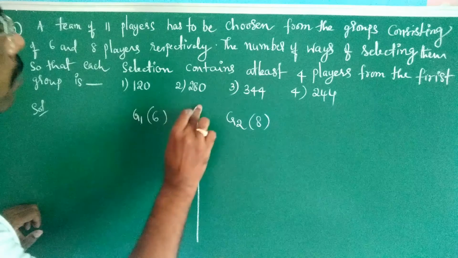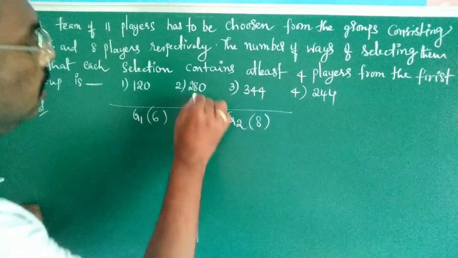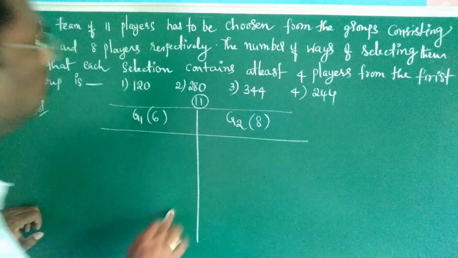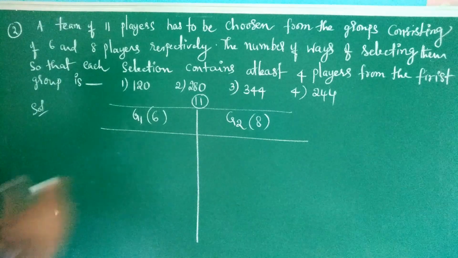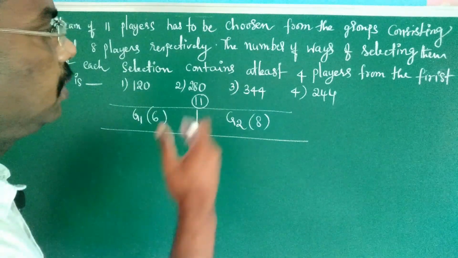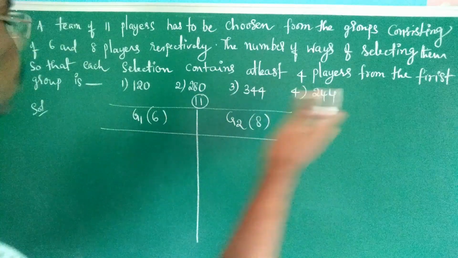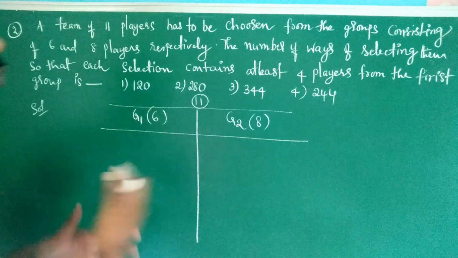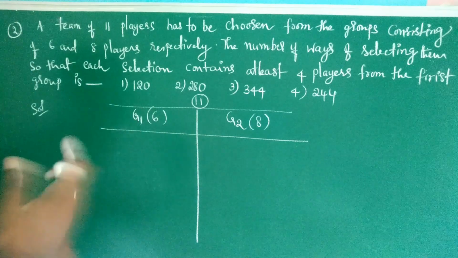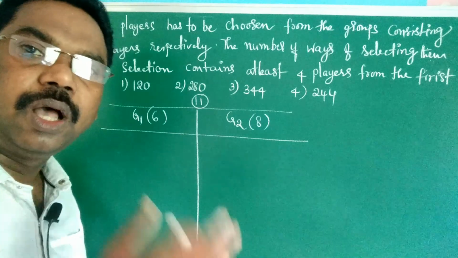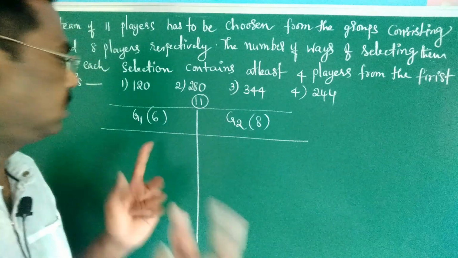Now the total number of players selected is 11. According to the condition, the first group contains at least 4 players, which means 4 or 5 or 6.